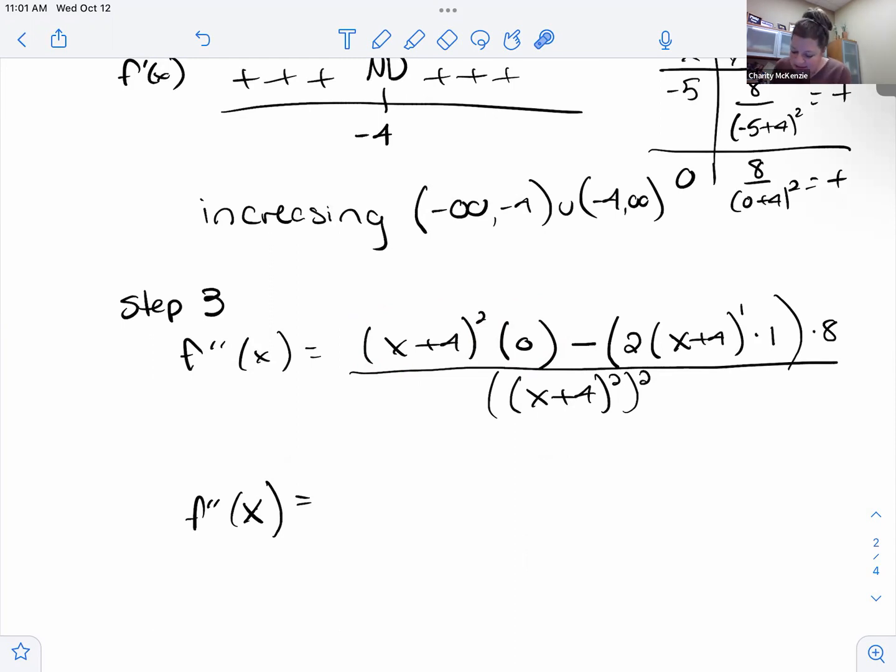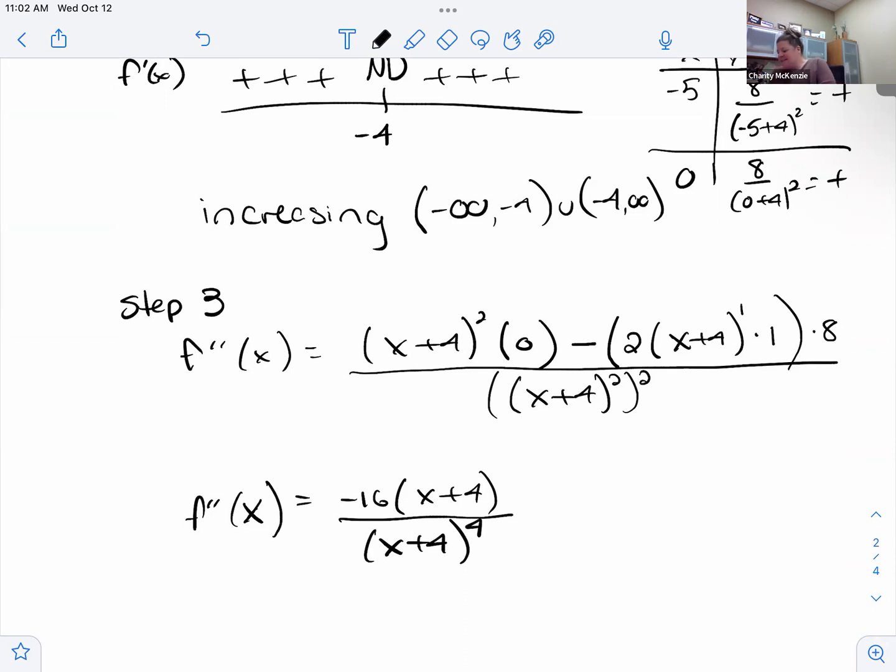Then we can do 8 times 2, and we'll get 16. So we have -16 times the (x plus 4). I don't need to write the ones because 1 times anything is itself, and something to the 1 power is itself. All over (x plus 4) to the 4th, since 2 times 2 is 4.